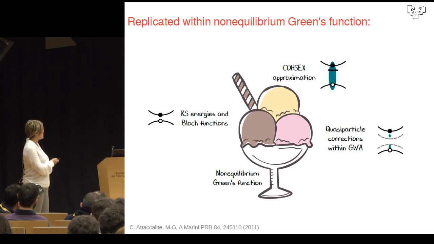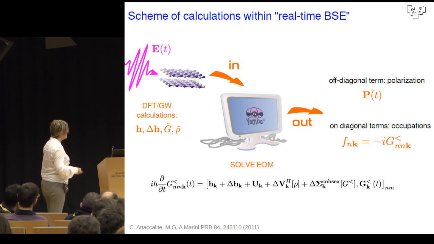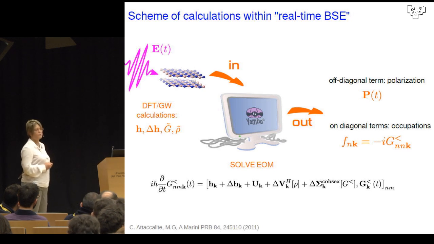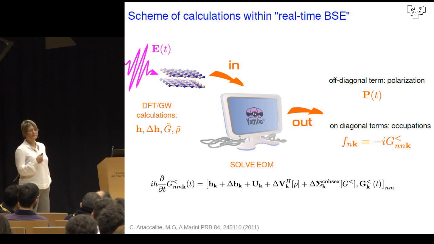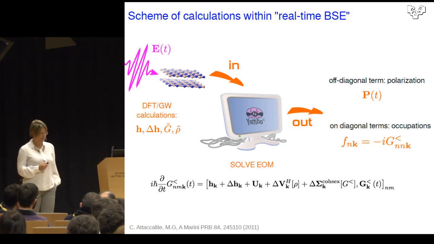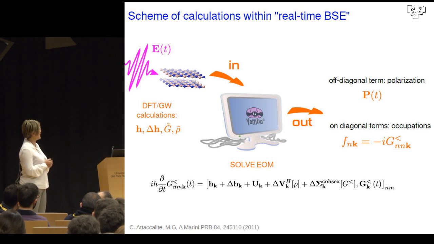With this approximation, we reduce to a simple equation just for the lesser Green's function. The lesser Green's function is linked both to polarization and current, so coherent motion, and we can also look at the population, so at excited-state carrier dynamics.